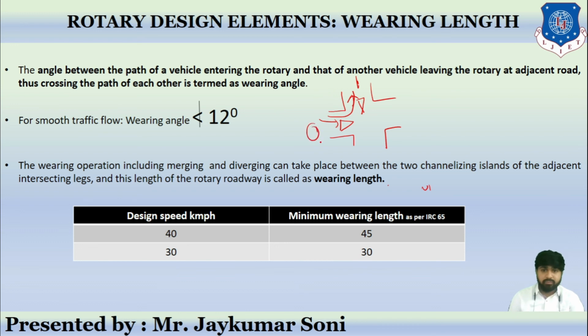This is one leg, this is the second leg. So the length of this particular stretch should be called the weaving length. If the design speed is 40 kmph, then it should be a minimum of about 45 meters as far as IRC 65 is concerned, and if it is 30, then it should be approximately 30.